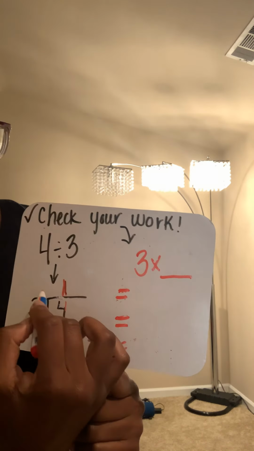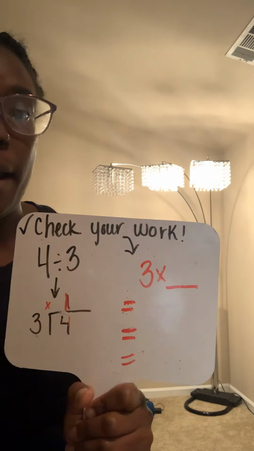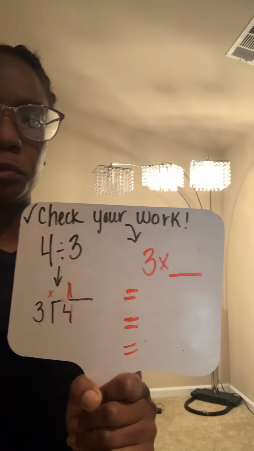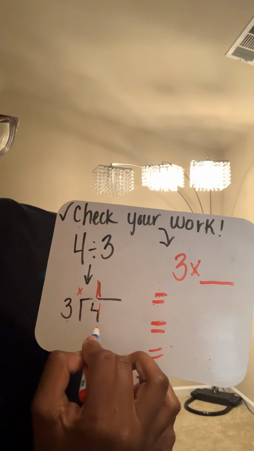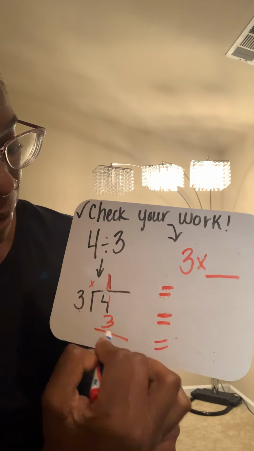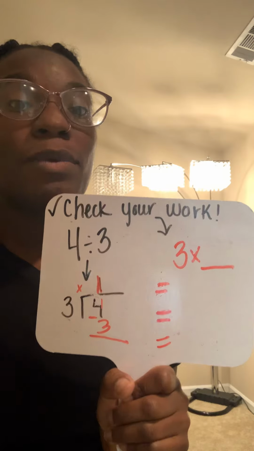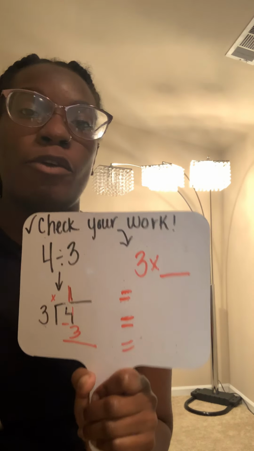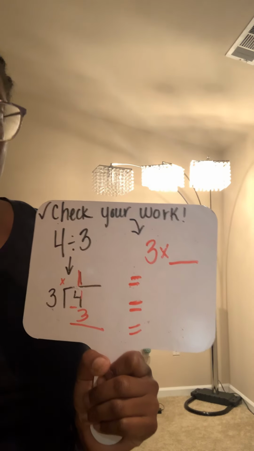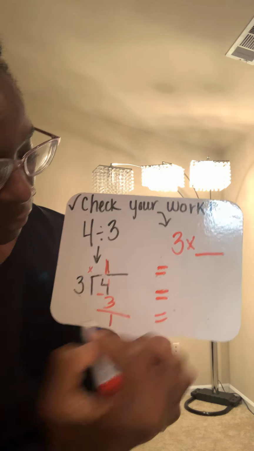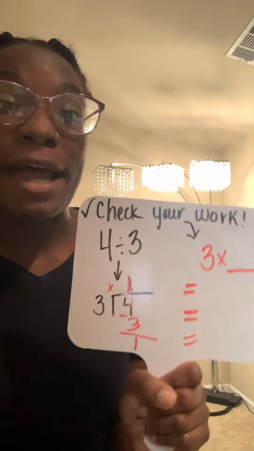When we continue going, I always put my multiplication symbol so that I know what my next step is. 1 times 3 we know is 3. Okay, the next step we've got to subtract to figure out what we've got left over, what our remainder is. So 4 minus 3 is 1, all right?